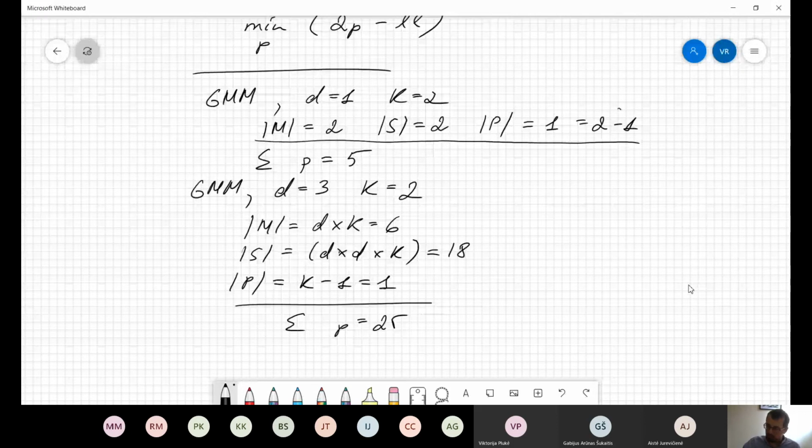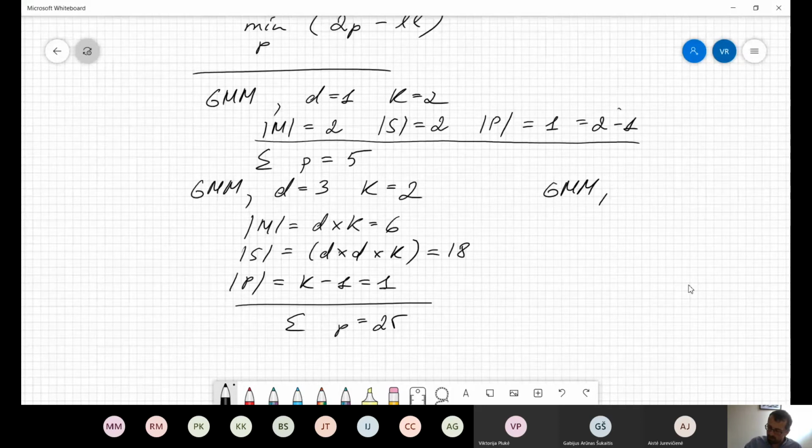Okay, now please try to calculate if we would use the GMM, right? And D equals 3 and K equals 3. What is P, right? Try to calculate P. We just added one cluster into our model.